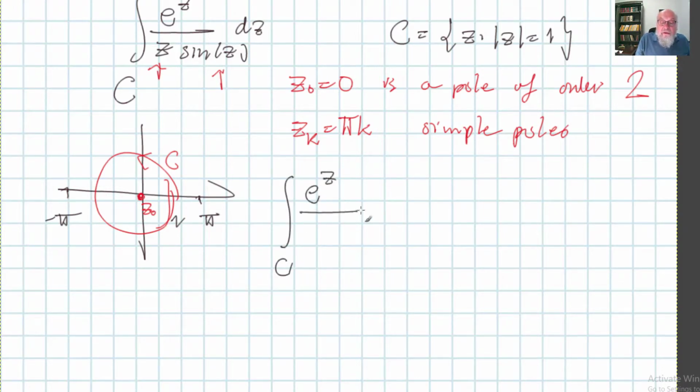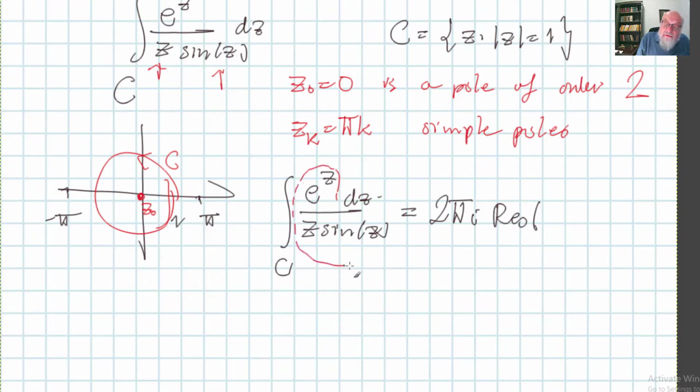Now C, the integral of e^z over z sine z dz, is equal, by the Cauchy residue theorem, to 2πi times the residue of this function. This is my function f(z). So I simply write it down, the residue of f at 0.